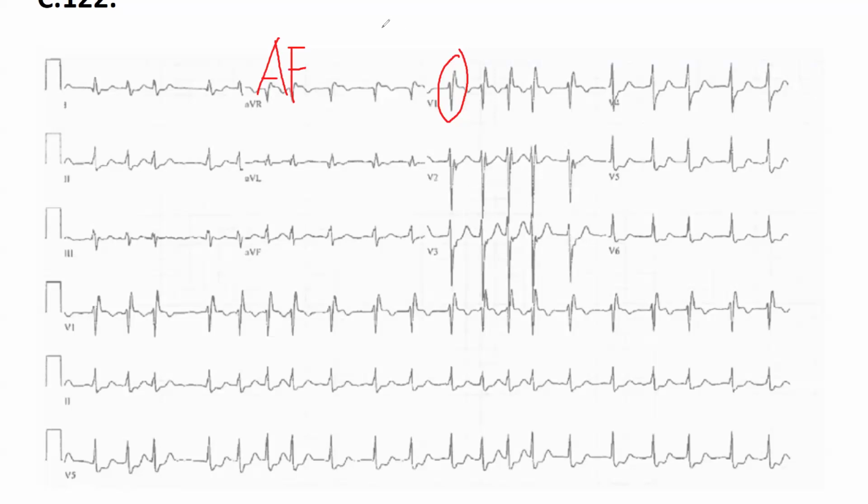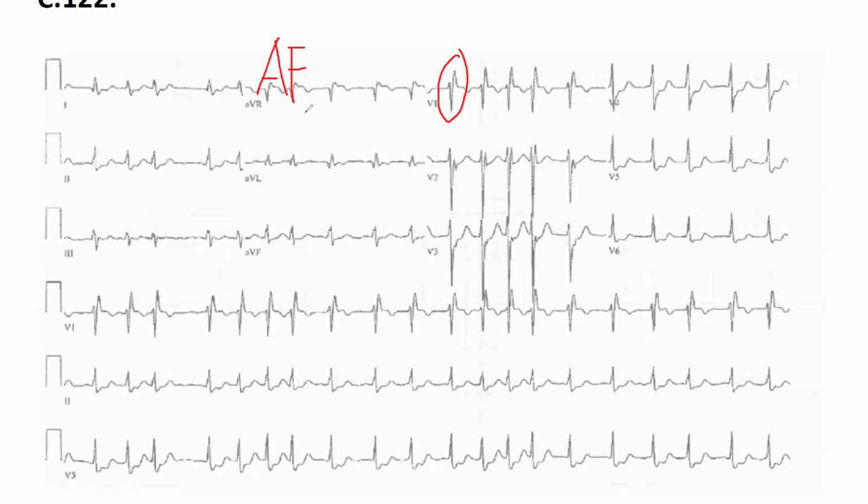So you have a supraventricular impulse formation, because we have atrial fibrillation. That means supraventricular rhythm. And why is the QRS wide? The conduction abnormality, intraventricular conduction abnormality.